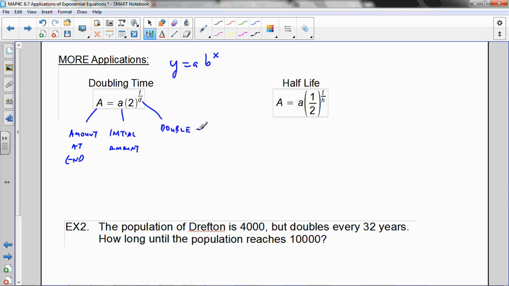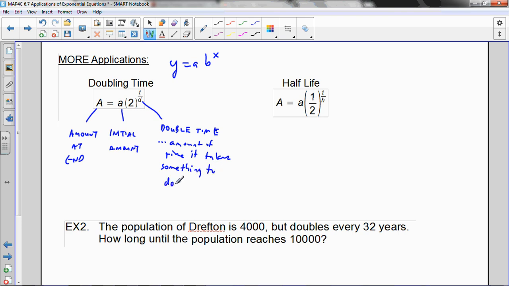And this is kind of a strange thing. This is the amount of time it takes something to double.